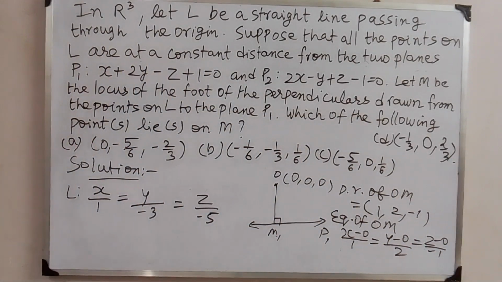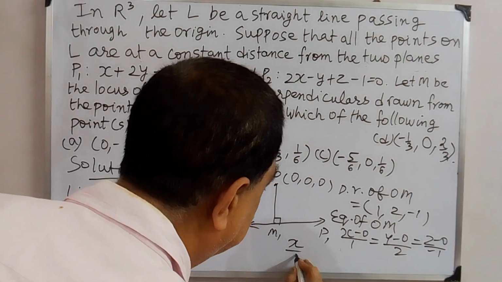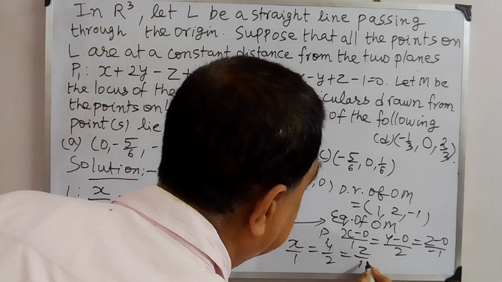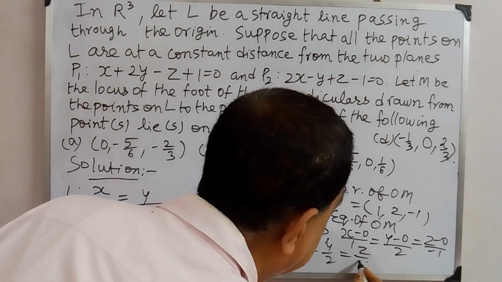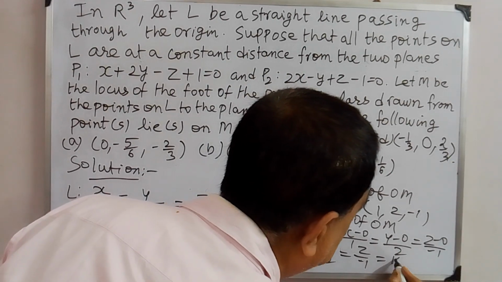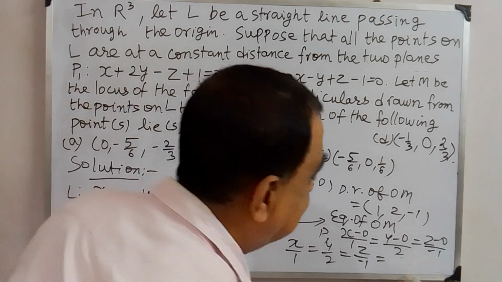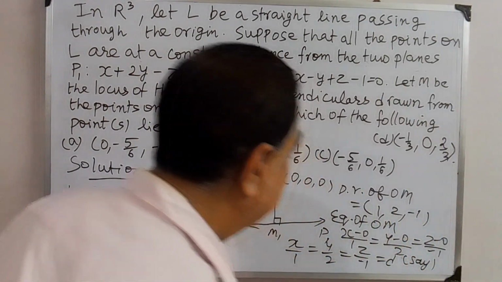So this is the equation of OM, which is x by 1, y by 2, z by minus 1. Let this be equal to lambda.